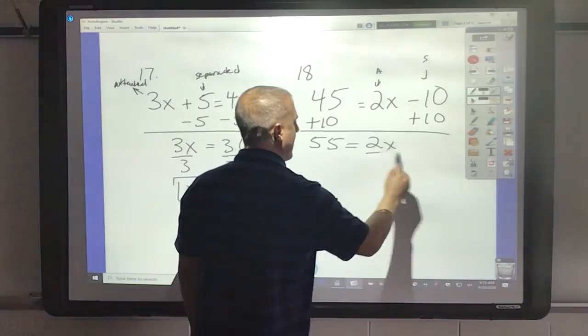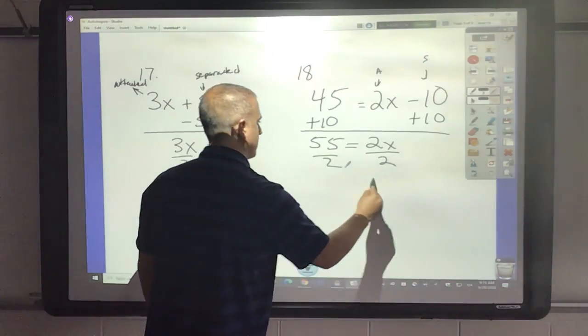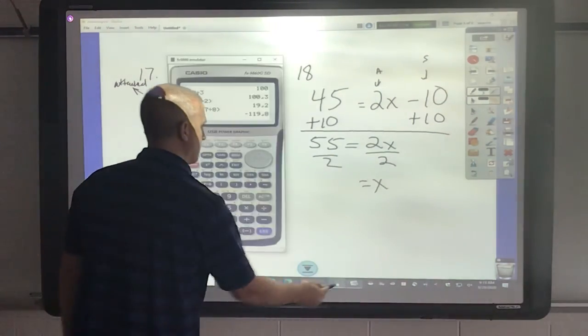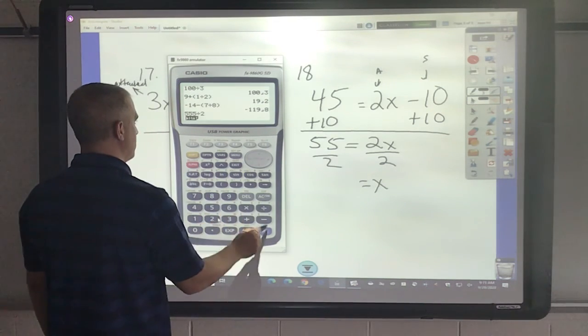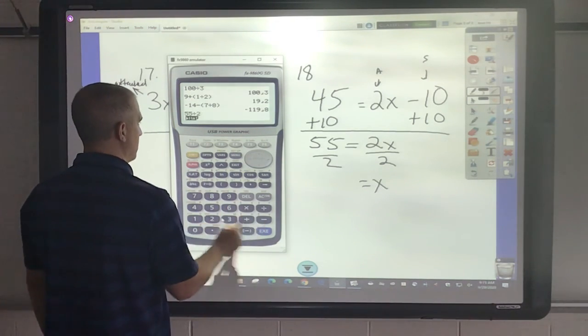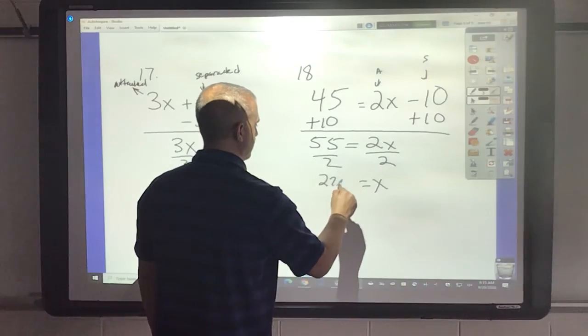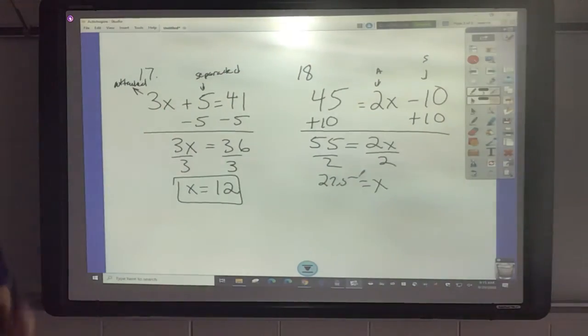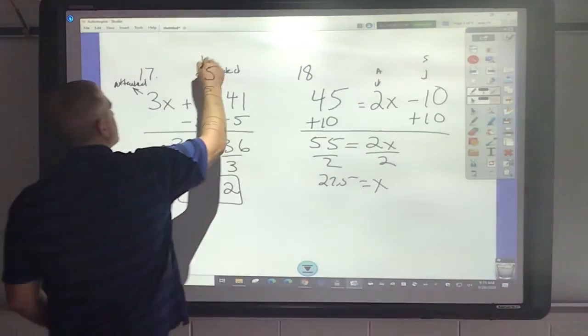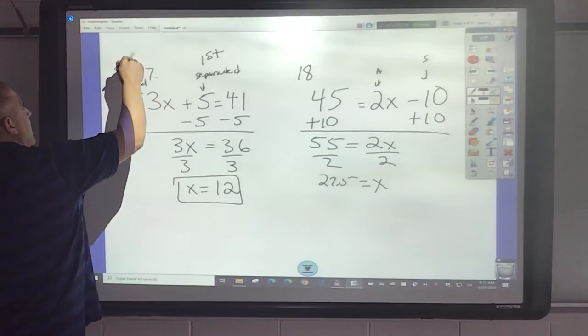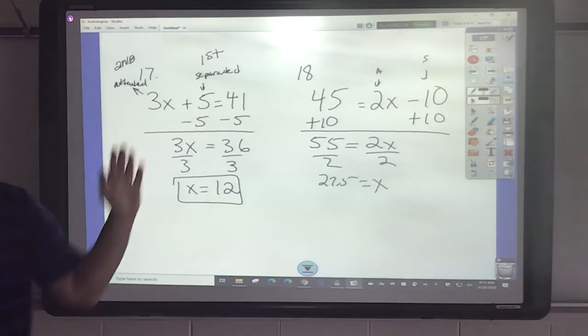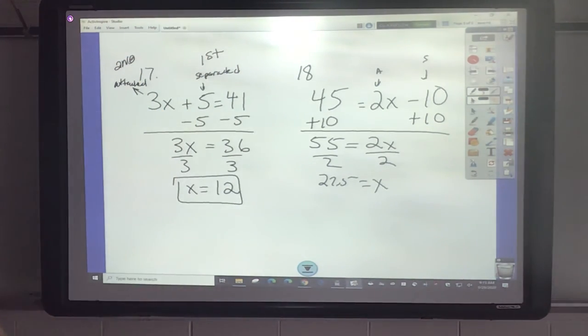Now I'm going to get rid of the attached by dividing. 55 divided by 2 is 27.5. All right, so very simple. This goes first, this goes second. Always move the separated first, then move the attached.